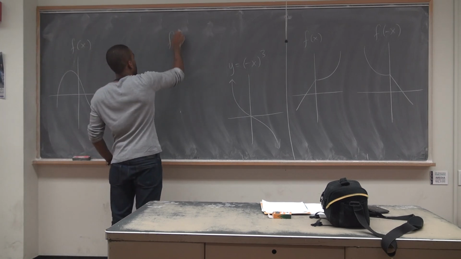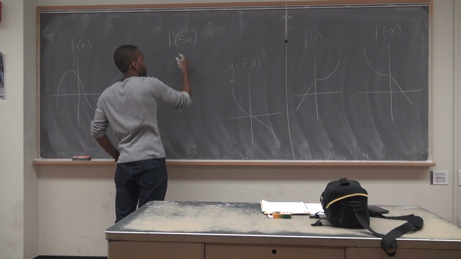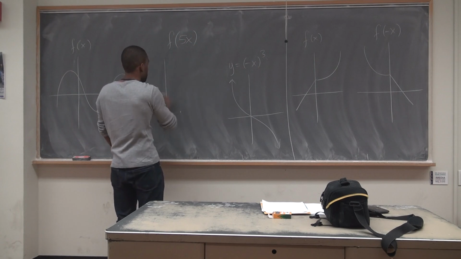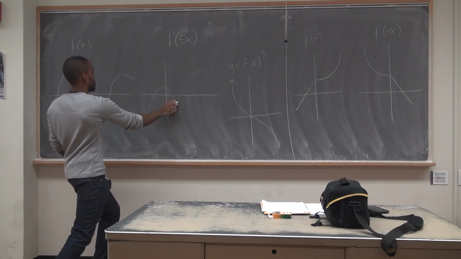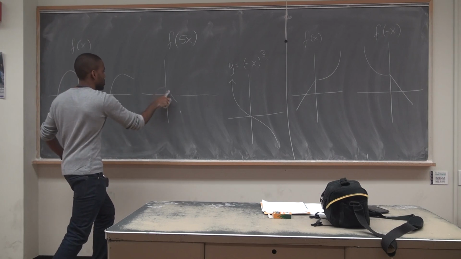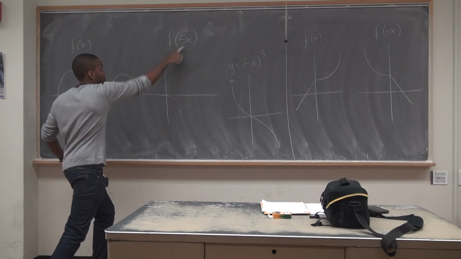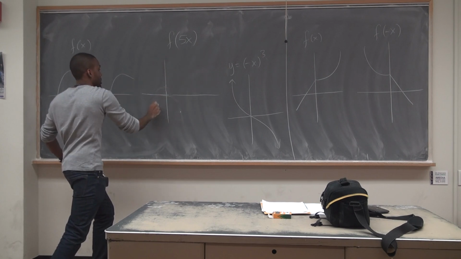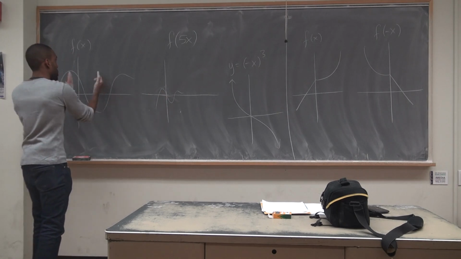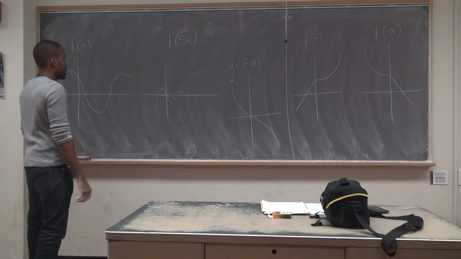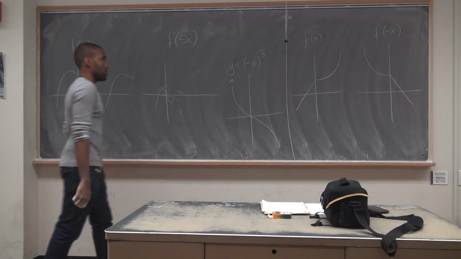And then I take f of 5x, like I multiply the x by a number. It's affecting the x, so it affects horizontally. It's going to shrink this way. It's actually going to squish it by 5 times, kind of like zooming out on something. So you squish it.